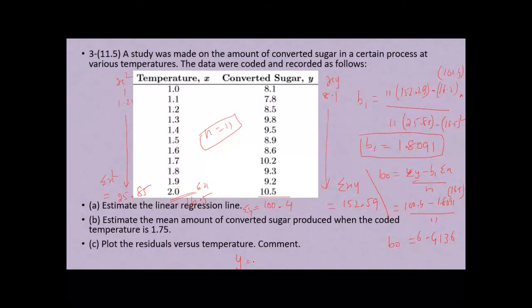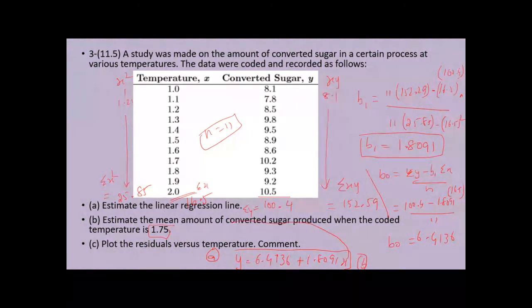So we got the line. The line y is equal to B0, 6.4136 plus B1, 1.8091 times x. So give the value of x here, and the temperature is 1.75. This is A. For B, just give x value here.